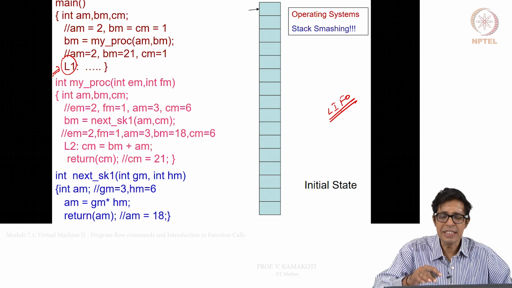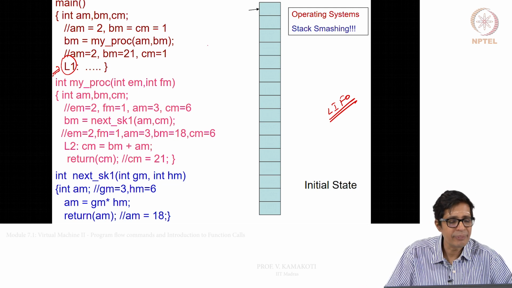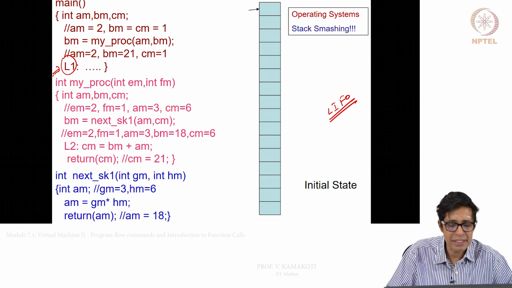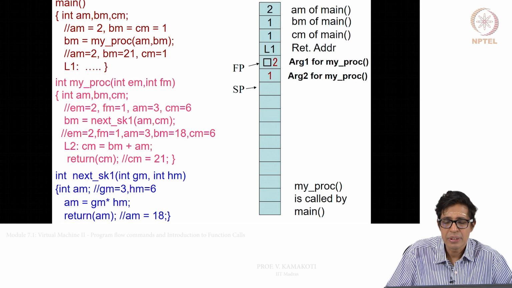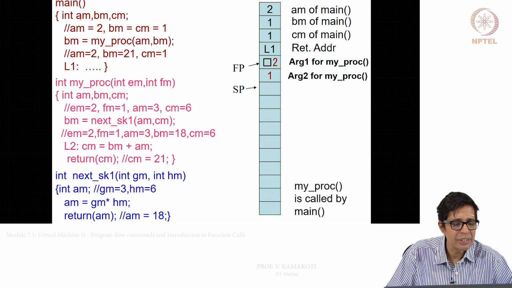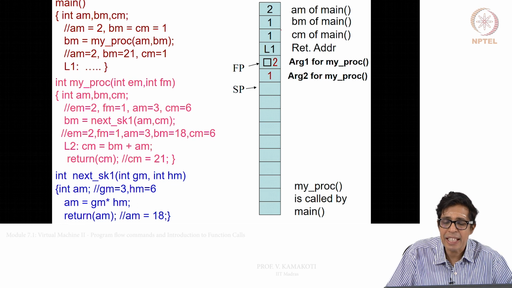Now, what happens? Initially the stack is empty. Now, when main starts executing, there is a space allocated for the local variables of main, namely AM, BM and CM.